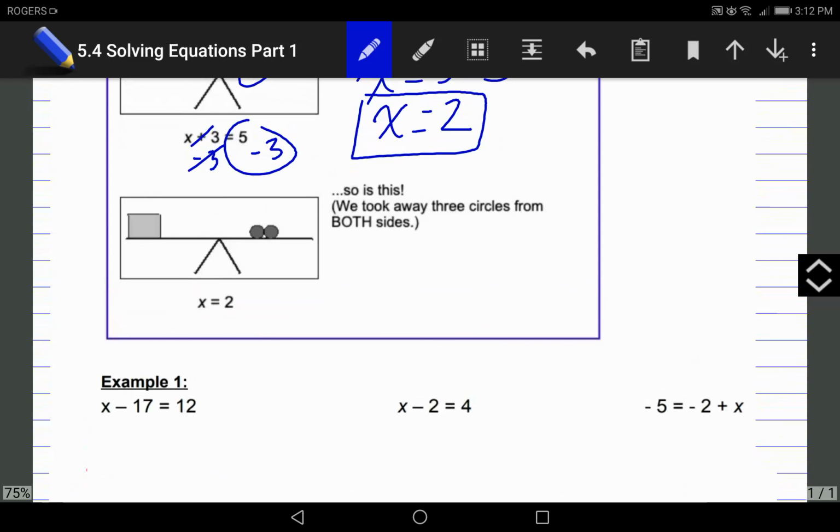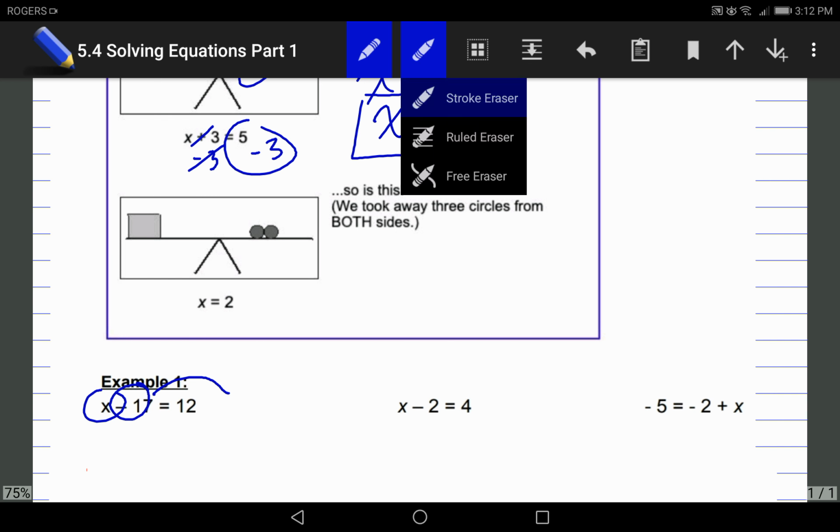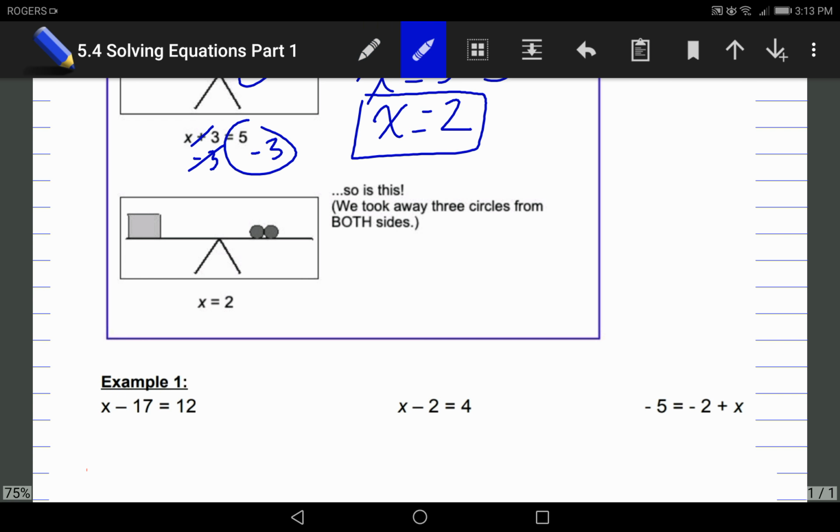Well, let's do some examples. I have x minus 17. I want to get x by itself. I've got to separate x, and I've got to move the minus 17 to the other side. So I've got to have the numbers and the letters separated by the equal sign, right? Okay. Well, how do I get rid of minus 17 here on the left? You would add 17. That would basically just give you 0.